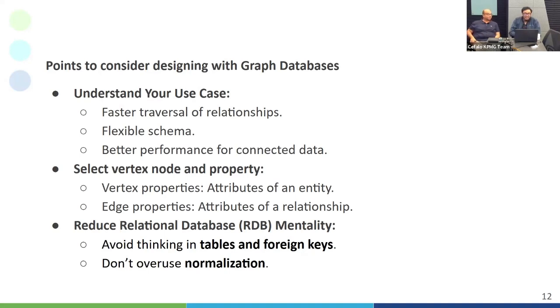So first of all, we have to drop the mentality of thinking of a database as tables, with foreign key patterns, and then normalization 1NF, 2NF. Graph doesn't work like that. In graph it is recommended that one step of normalization is fine.